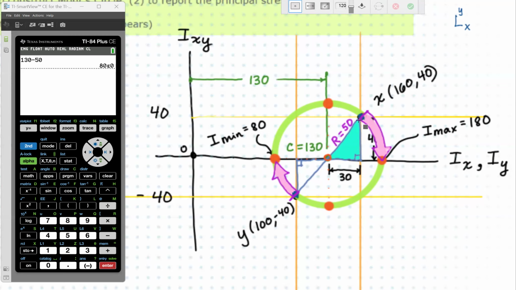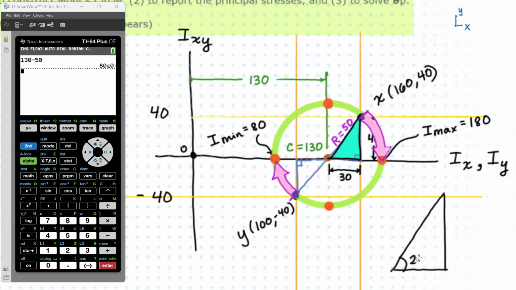So I'm going to make this just a touch bigger. See this triangle right there? I'm just going to redraw it here. And in the circle, 2 theta p defines this rotation, this coordinate transformation we do from our given x and y to what we want to get, which is I max and I min.